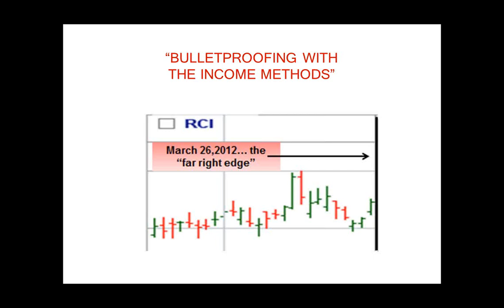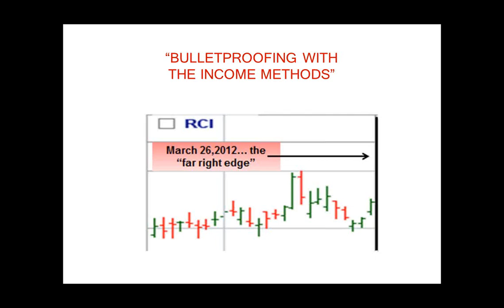We've always got to deal with this far right edge. And what we're going to do, Mike, is just take a trip back in time. We're going to look at RCI, one of the stocks being traded by one of our members. He wrote in saying, hey, how might you bulletproof this? Luckily for Ravi, he actually had shares of the stock at a lower cost basis because he worked for the company.